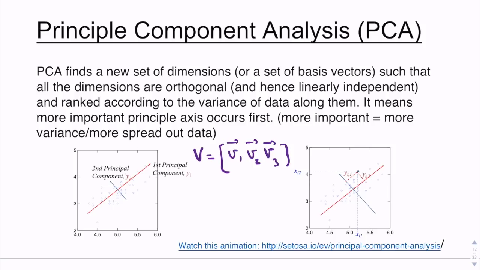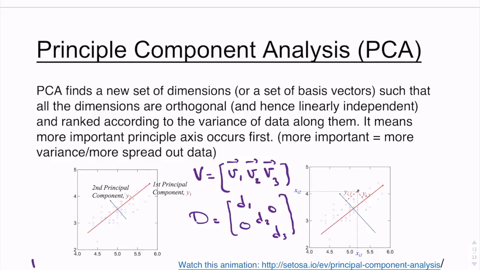And if you get D as D1, D2, D3, and all other elements 0 because it's a diagonal matrix, we always note that D1 is greater than D2, and D2 is greater than D3. It's all ordered. And also V1 is more important than V2, and V2 is more important than V3.